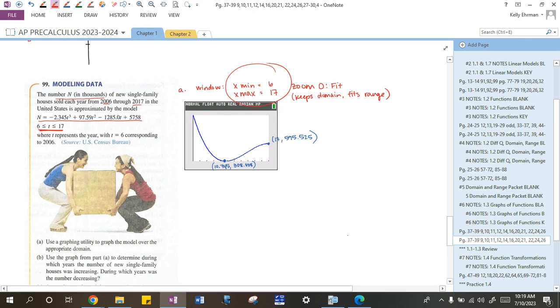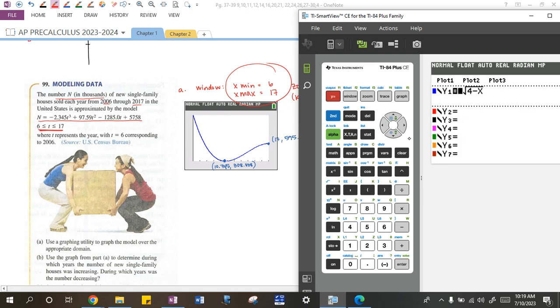So part A is just use a graphing utility to model this graph. So first let's type it into y equals. Carefully, there's decimals and such. Remember, you can't type in x, or t, you're gonna type in x. I'm just getting this typed in.